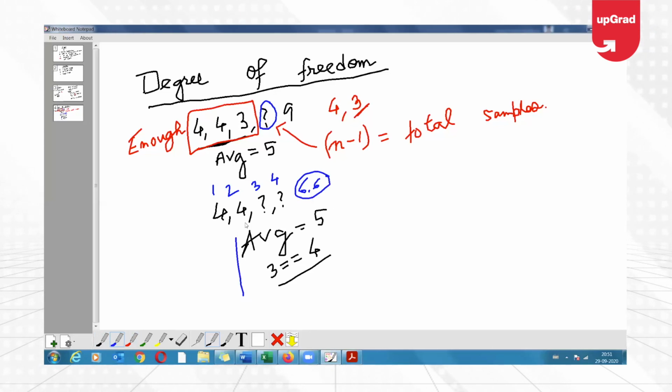Looking at these 2 scenarios, here the degrees of freedom is n-2.